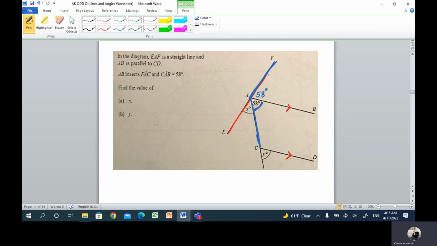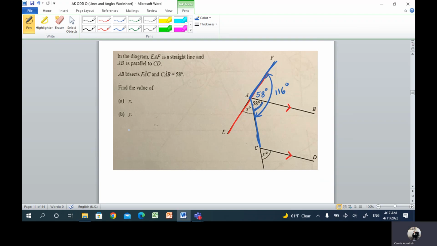So the total of this angle is 58 plus 58, so it is 116 degrees. So if this line bisects angle FAC, it means it cuts the angle into two equal parts. So if this is 58, then this one is 58.